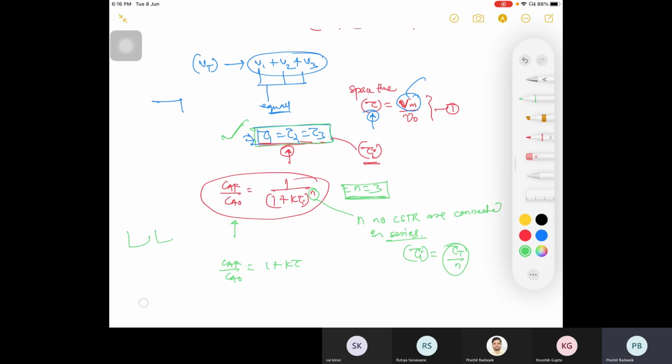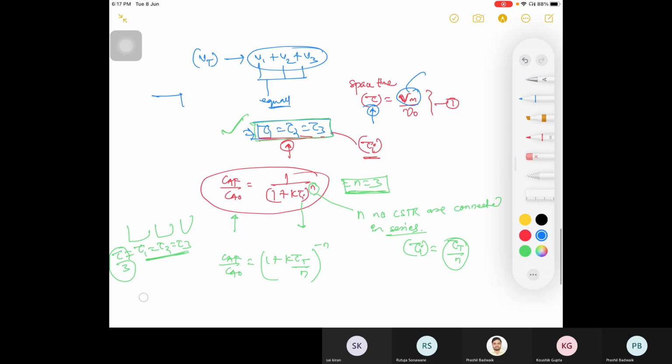We have n number of reactors. This is tau 1, tau 2 and tau 3, all are equal, and total tau is what? This total tau divided by 3, then you will have T1 equal to T2 is equal to T3, right? So I am writing here individual space time is equal to total space time divided by n, and to the power minus n.